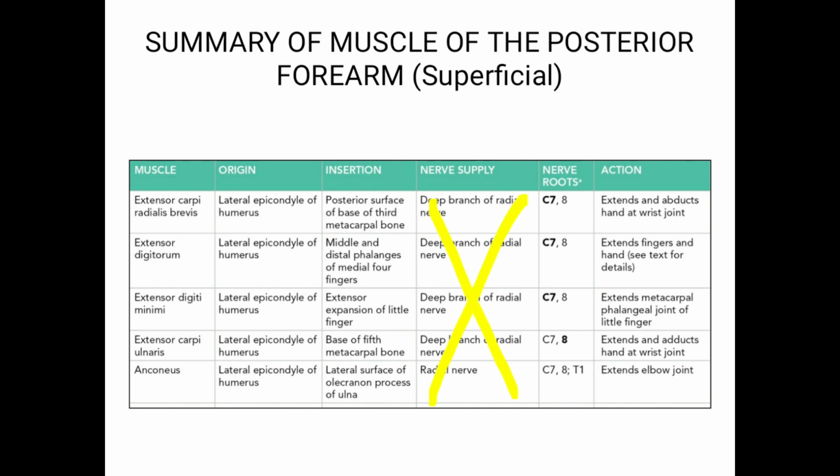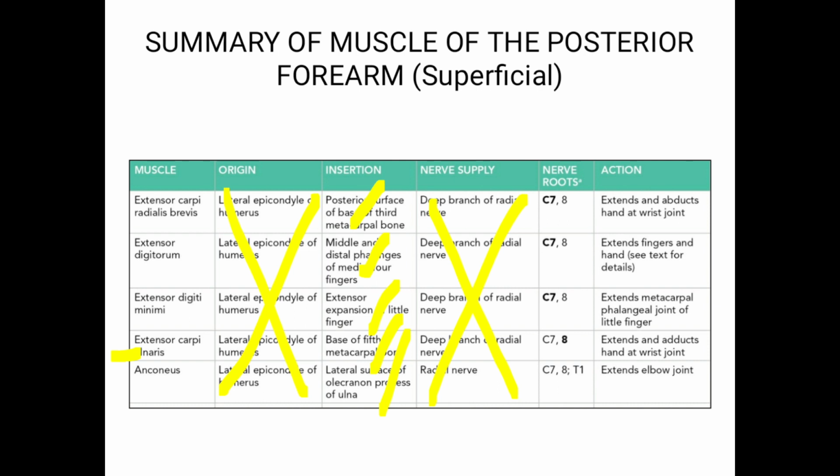And what is the common origin? Lateral epicondyle. I think no need to memorize. Superficial group, origin, lateral epicondyle, nerve supply, radial. What is the difference? Just the insertion. Of course, when you say ulnaris, it is inserted to the medial aspect of the hand.